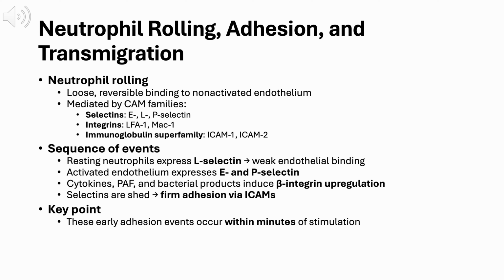Local cytokines, platelet activating factor, and bacterial products then activate neutrophil beta integrins, including LFA-1 and Mac-1. These integrins bind endothelial ICAM molecules, converting rolling into firm adhesion. The neutrophil can then cross the endothelial barrier and migrate toward the inflammatory stimulus. Importantly, these early recruitment events can begin within minutes of tissue injury or infection.